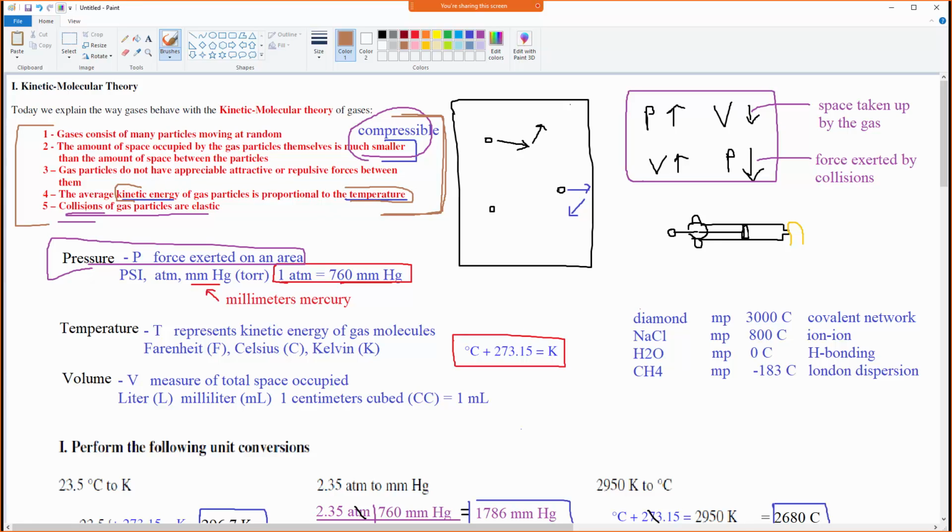That means we get more collisions, higher pressure. And because you're in a flexible system, that higher pressure is going to push outwards and expand to give you a larger volume. And contra that, as your temperature goes down, your kinetic energy goes down, your collisions are fewer and less strong.